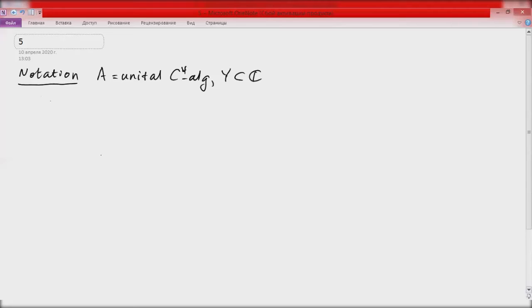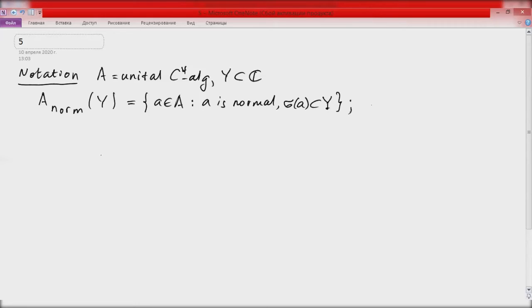We denote by A norm of Y the set of all normal elements in our algebra such that the spectrum of A is contained in Y. And the set of all normal elements of A will be denoted just by A norm.